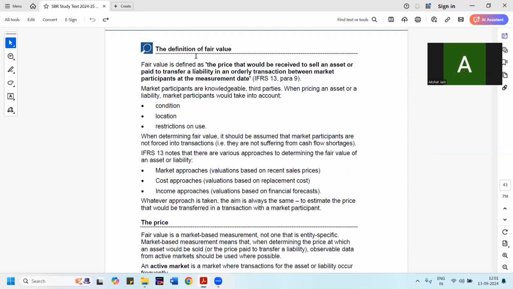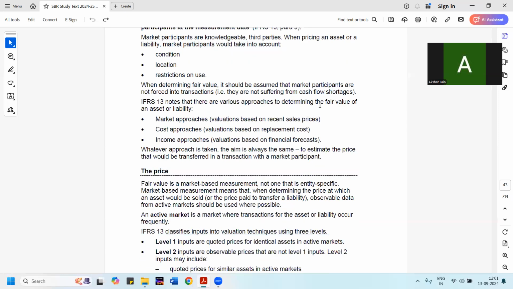What is the definition of fair value? Fair value is the price that would be received to sell an asset or paid to transfer a liability in an orderly transaction between market participants at the measurement date. When pricing an asset or a liability, market participants would take into account the condition, location, and restrictions on use.